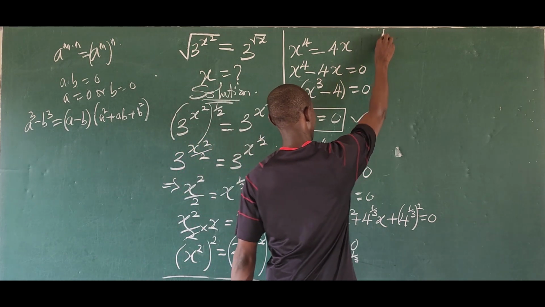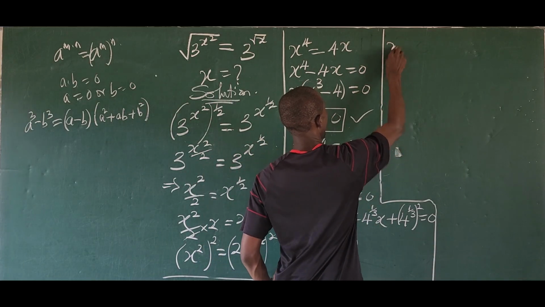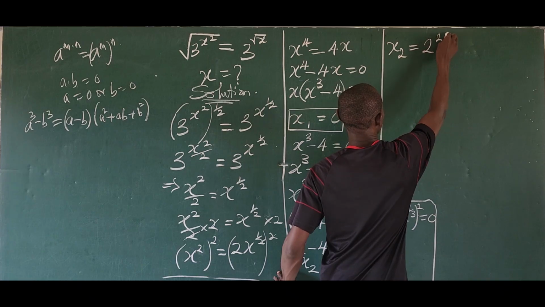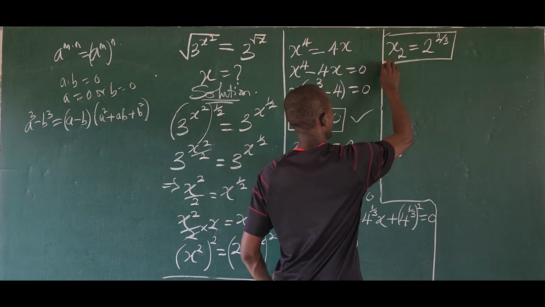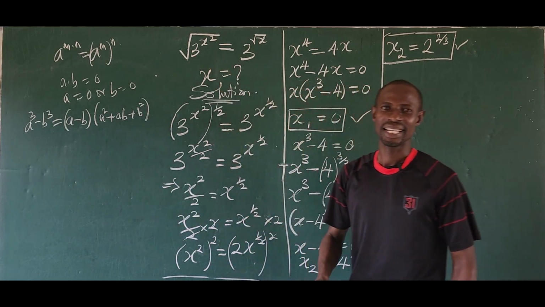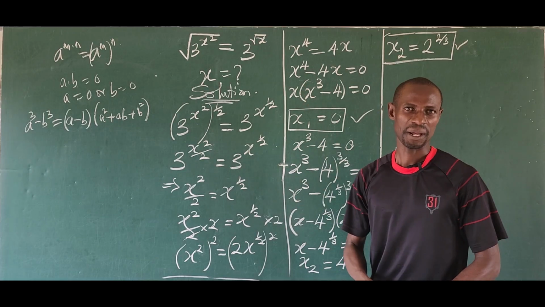And so we're going to have something nice here. So x2 is equal to 2 to the power of 2 all over 3. So this is the value of our x2. You can go ahead and substitute that into this place, and when you do that, you see that it will satisfy this challenge here.